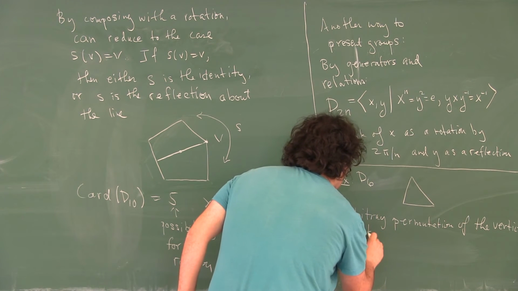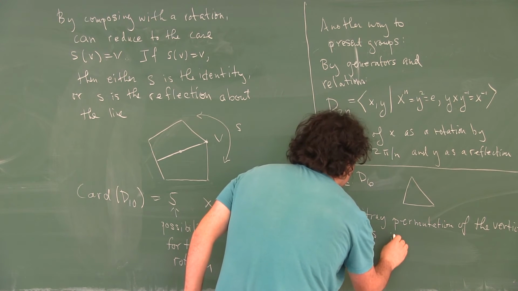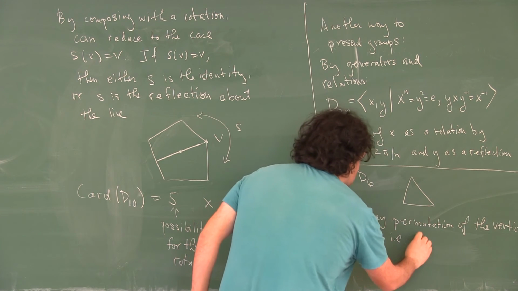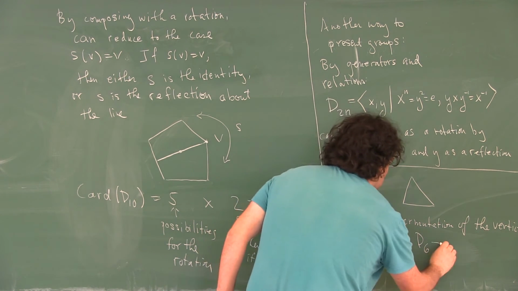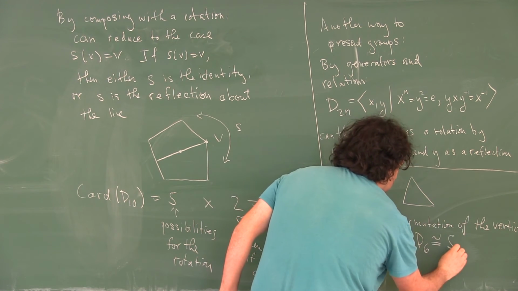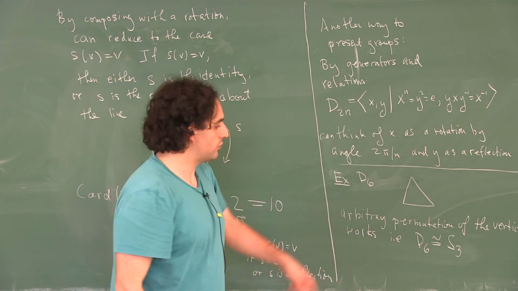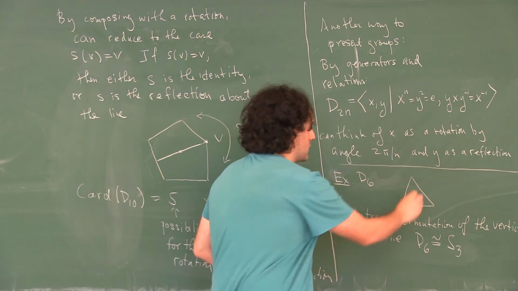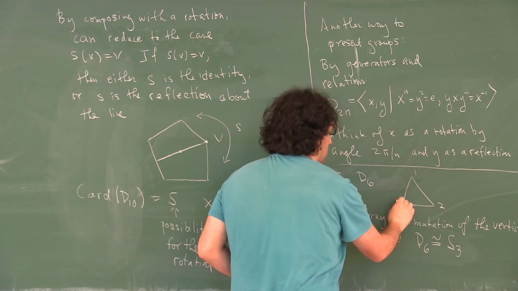What does that mean? That means that this group D6 is naturally isomorphic to the symmetric group S3 on these 3 vertices, 1, 2, 3.